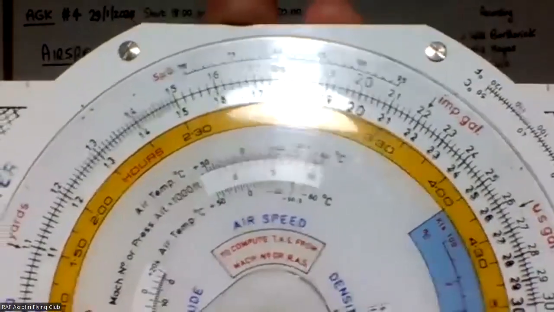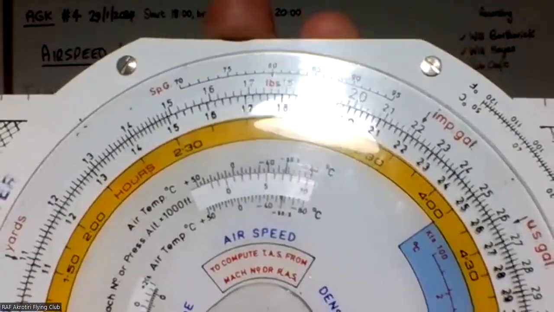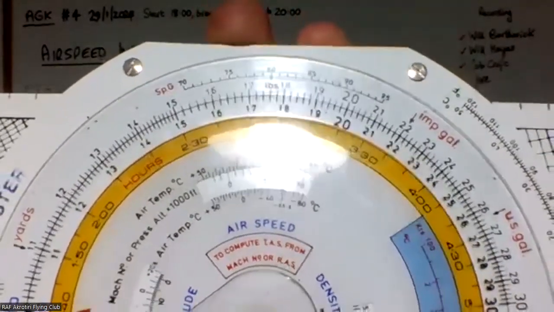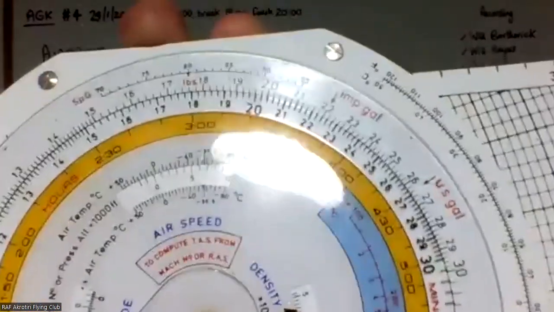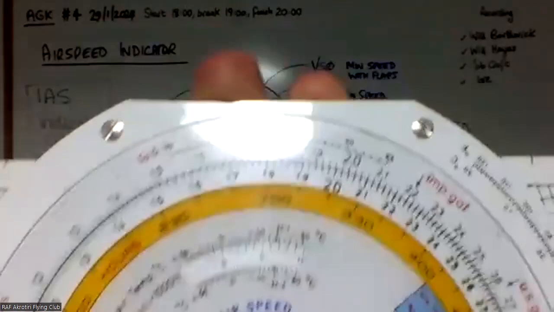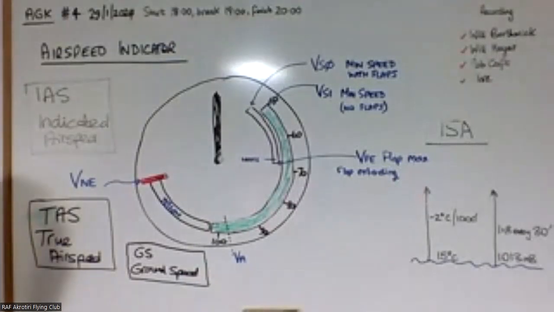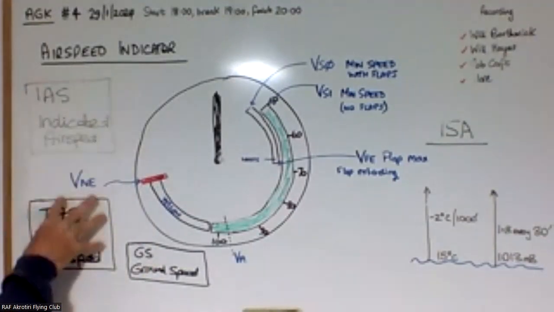and basically what you can do is compensate and calculate what effect the outside air temperature and the altitude you're at is going to have on your airspeed, and you can actually calculate on your whiz wheel the difference between IAS and TAS.